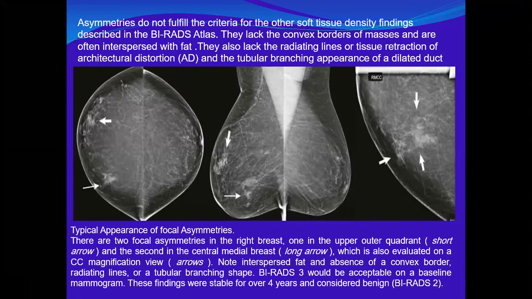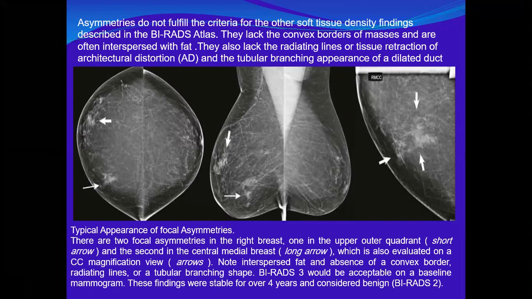But why did we say focal asymmetries do not fulfill the criteria of a radiodense mass, a typical mass? They are not associated with any other suspicious features. See? No suspicious features.